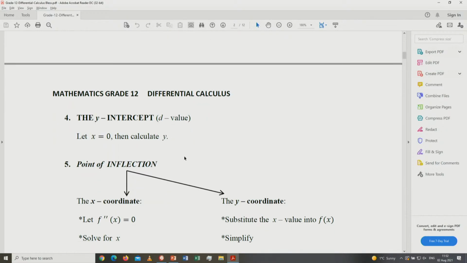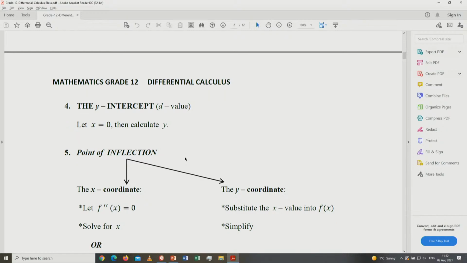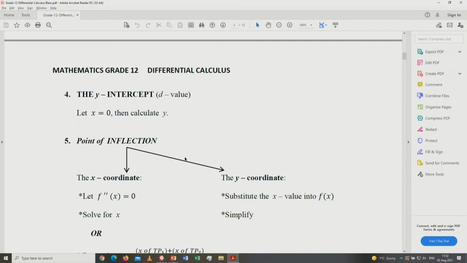Lastly, learners, you need to determine the point of inflection. That one will depend on the question. For the point of inflection, firstly, you need to understand what the point of inflection is. When you talk of the point of inflection, we are saying that it's when the graph changes its concavity.